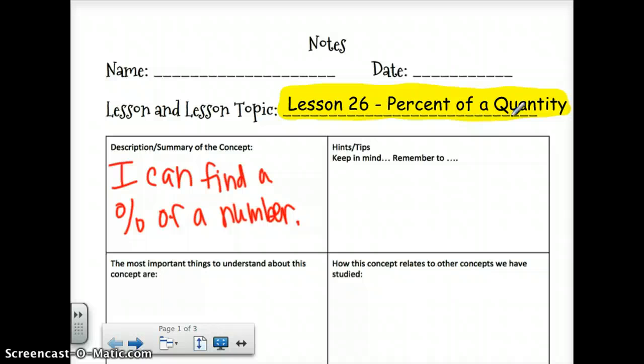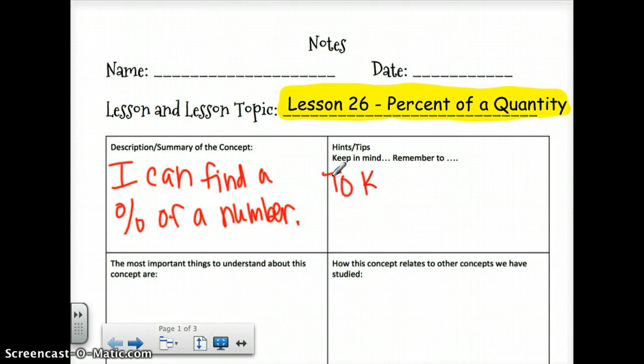Okay, I'm going to give you a tip. When we're finding a percent of a number, we need to figure out what is to make a key.